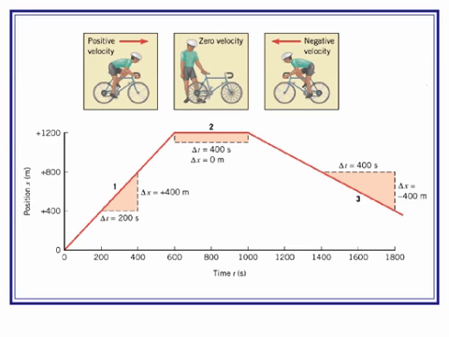Here is a sample position versus time graph. The three positions highlighted each demonstrate a different type of motion. In the first position, the change in position is a positive 400 meters over the course of 200 seconds.